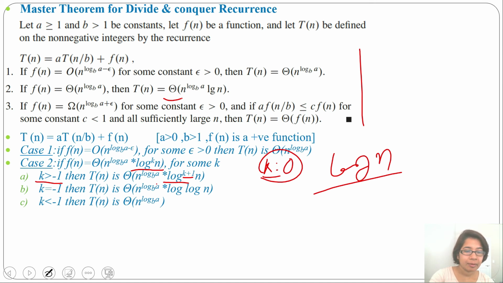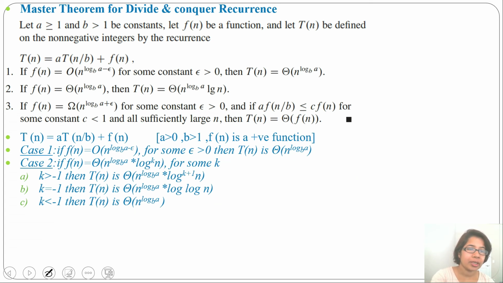If k is less than -1, then the running time will be theta of n^(log_b a). So it depends on whether any log value is there or not. Accordingly, we can use it. If no log is given, simply use case 2 of Cormen.